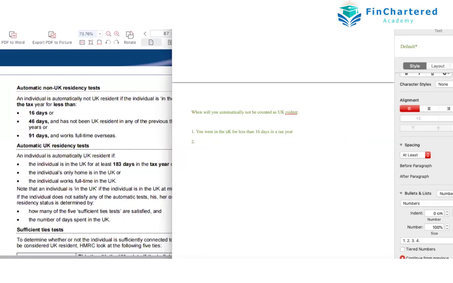Guys, please make sure you are listening carefully. Second point is you are not a resident of UK for the past 3 years, right? You were in the UK for less than 46 days and you were not resident for the last 3 years.